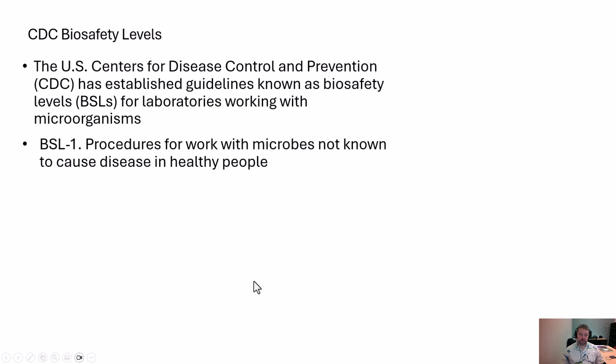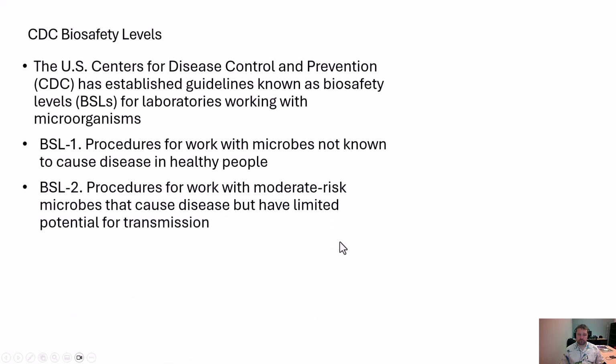So biosafety level 1, these are microbes that are often not known to cause disease in healthy people. And so a lot of college campus labs are a BSL 1. Some college campuses and labs might be a BSL 2, so they might work on organisms that do cause disease but have limited potential for transmission, because maybe they're incubated at a temperature outside of the temperature range of, say, a human.